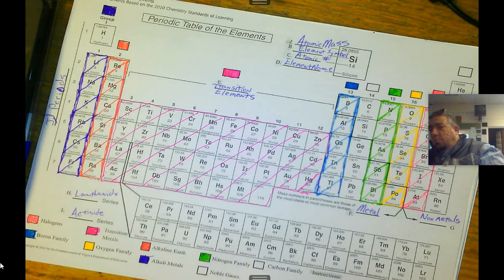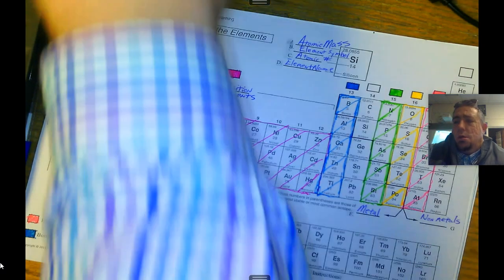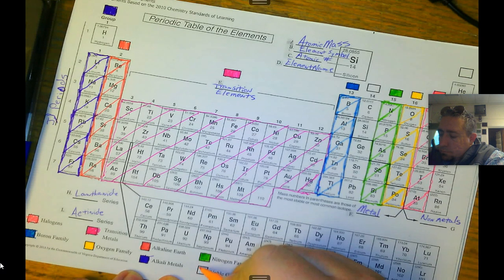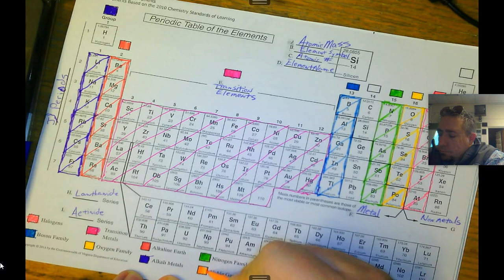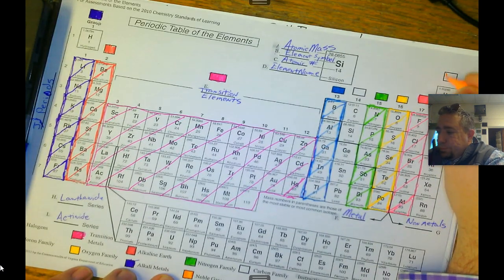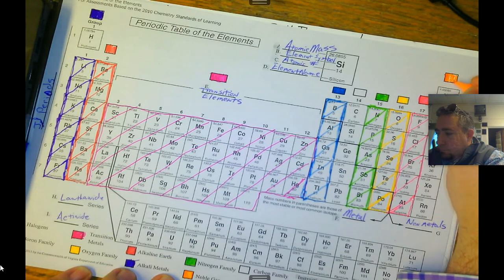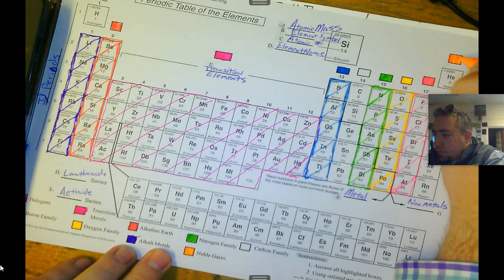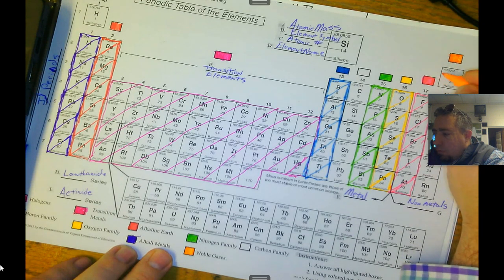What about the noble gases? 18. Right. Helium is included in that. You said helium. Is it included? Yes. So it's going to be orange.